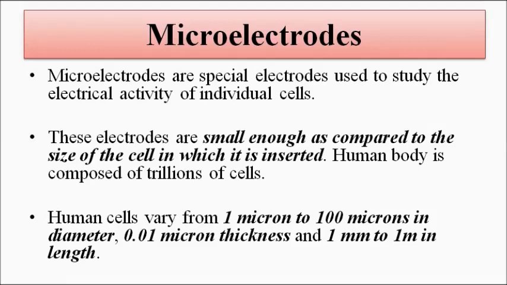So depending on the size of the cell, and the human cells vary in size and diameter from 1 micrometer to 100 micrometer, and in thickness it's generally 0.01 micrometer, and length from 1 millimeter to 1 meter. So depending on that, different types of electrodes are manufactured to meet the specific requirements.